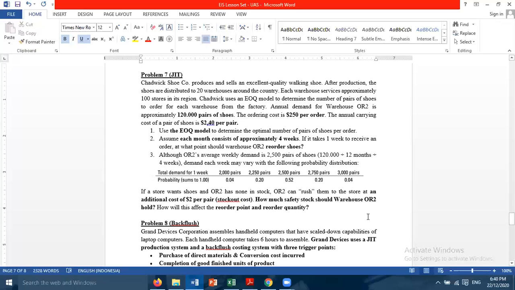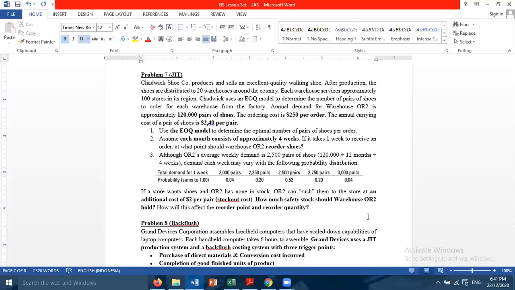Next is JIT. JIT is the acronym for just in time. There are two different types, JIT purchasing and JIT production, but they're practically the same principle. JIT purchasing is the purchase of materials so that they are delivered just as needed, or just in time. Whereas JIT production is the production of products only when it is needed.